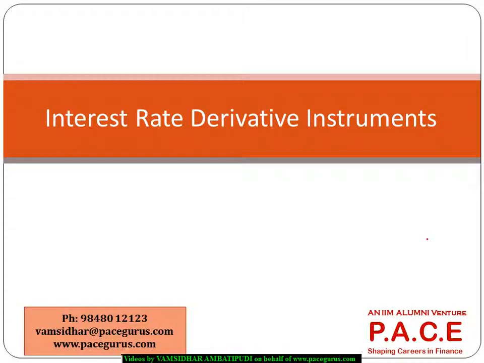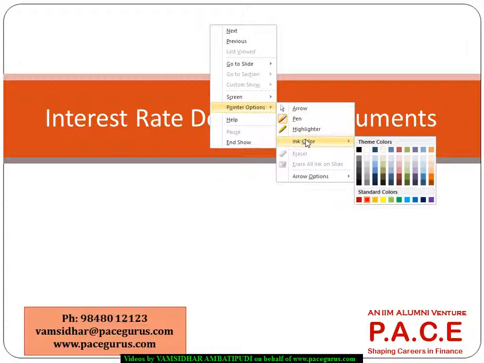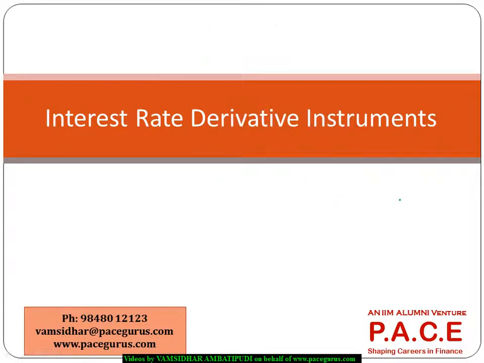In this session, let's start dealing with the interest rate specific derivative instruments, where our focus is primarily on interest rate caps and interest rate floors. And combining these two, we will even create what we call collars.